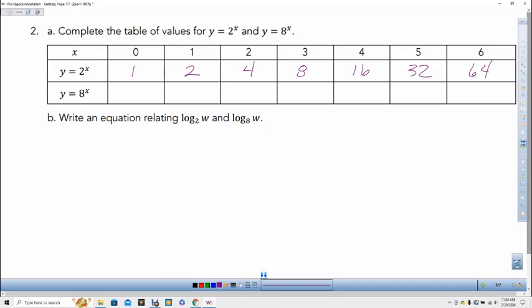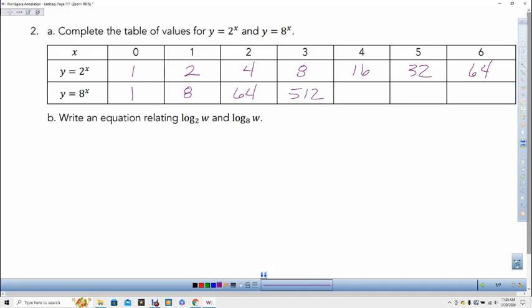Now, 8 to the x: 8 to the 0 is going to give us 1. 8 to the first gives us 8. 8 squared gives us 64. 8 to the third gives us 512.